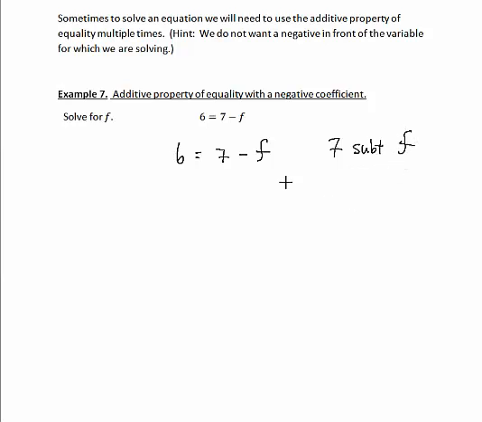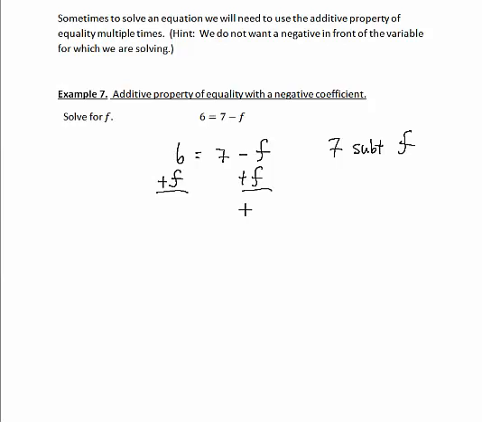I'm subtracting the f on the right, and so that's what's causing the f to have this minus sign in front of it, because I'm subtracting it. If I want to change the sign, what I could do is add the f instead of subtracting it.